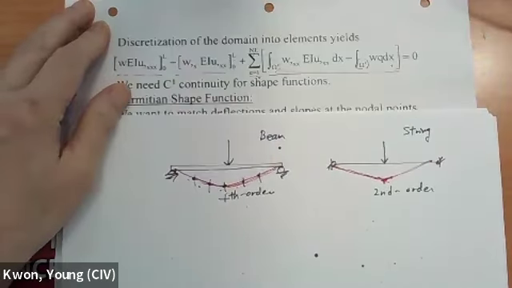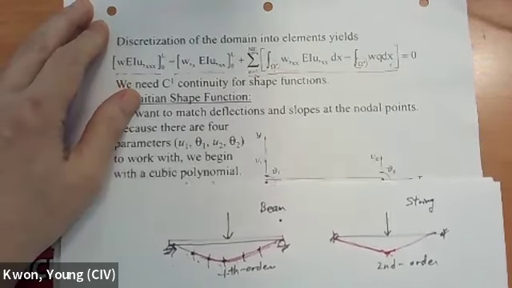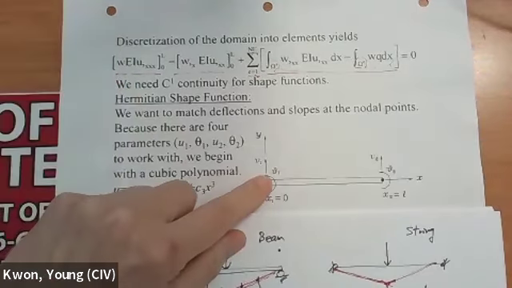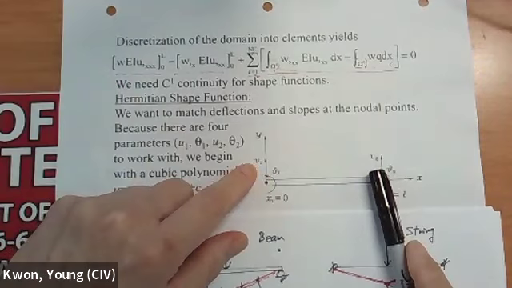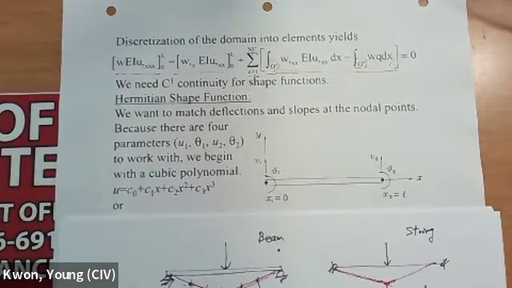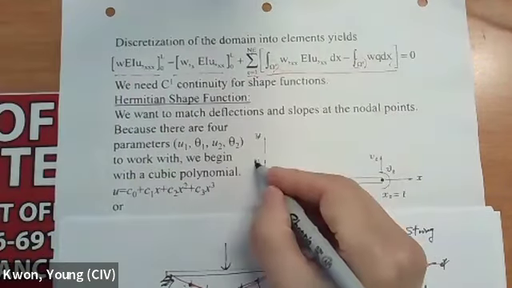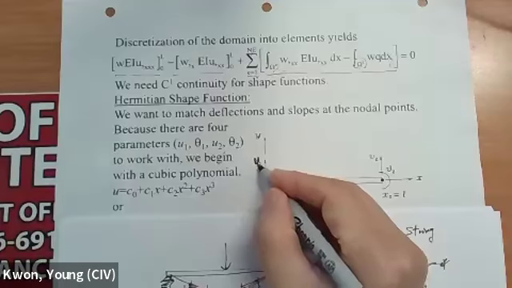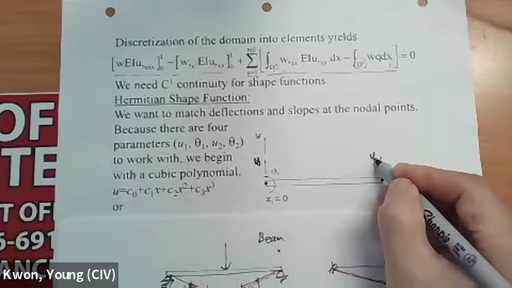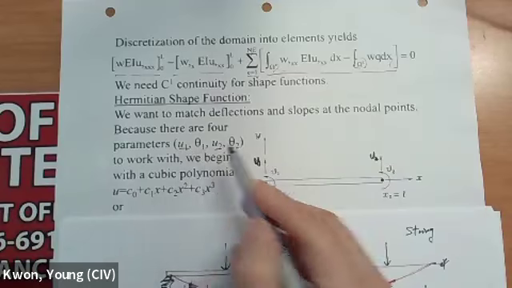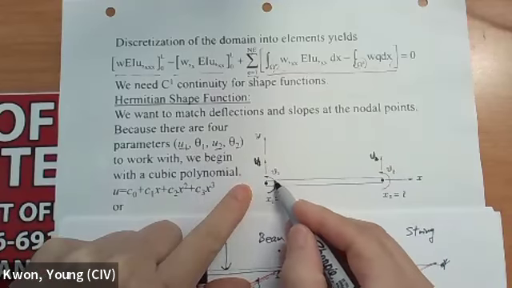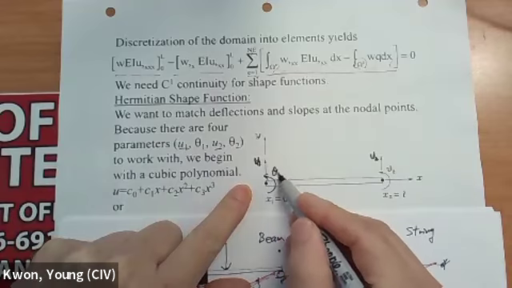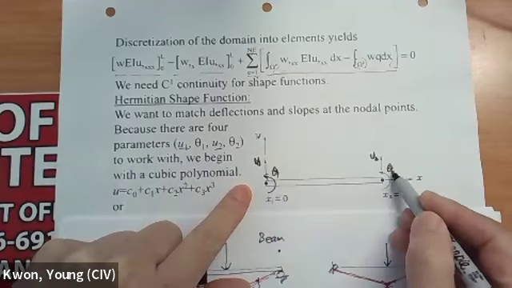Concept is easy. We make that a nodal variable. In other words, you have deflection, U. U is more appropriate in this notation, U1 and U2. But also you have rotation, theta 1 and theta 2.